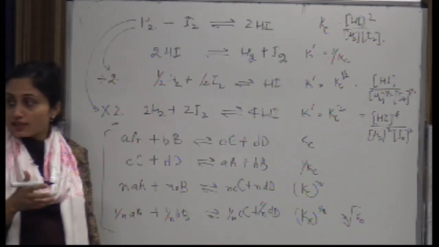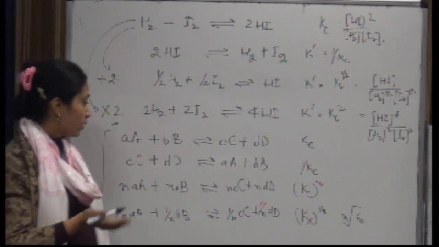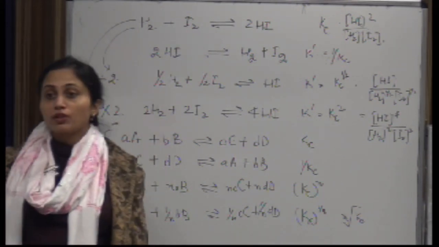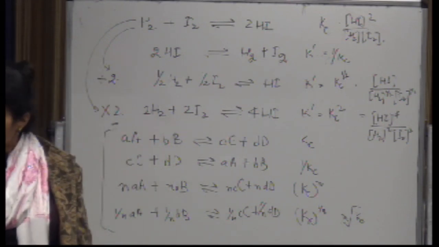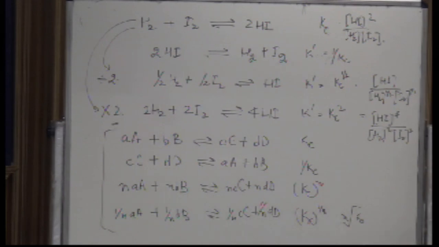When you reverse the reaction, you have 1 upon Kc as the equilibrium constant. When you multiply it by n, it will be to the power n. When you divide it by n, it will be the nth root of the equilibrium constant. Okay, take up a question for this.